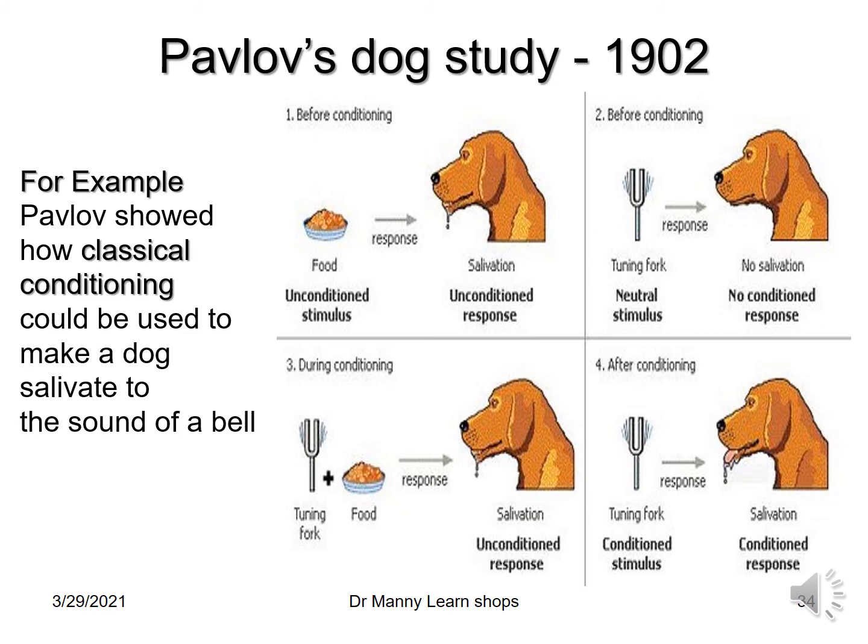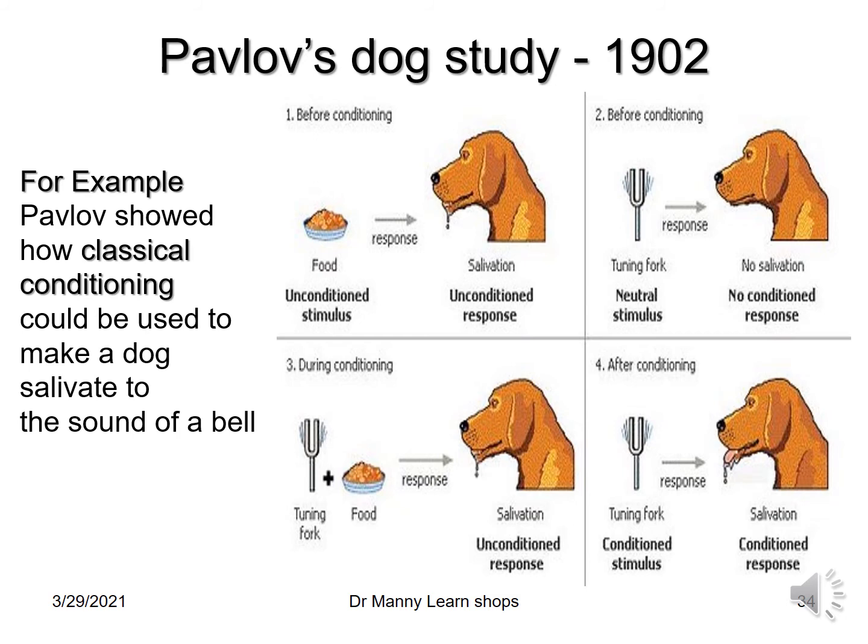This is a neutral stimulus. It's got nothing to do with the food or the salivation. He rang the bell or the tuning fork and nothing happened. There was no salivation, no conditioned response. Nothing happened. Well, why would a bell or a tuning fork make you salivate?